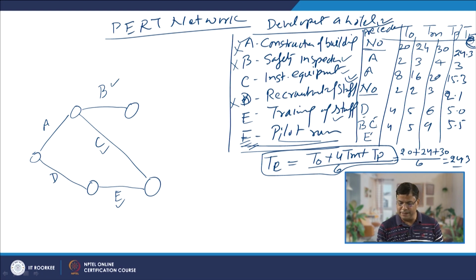If we see, both E and C are converging here, so of course we can take up activity F here, but there is a problem. It has to be shown that there is a dependency of the start of activity F on the completion of activity B, that is, the safety inspection of the building.